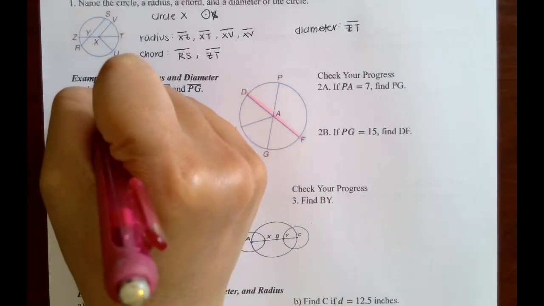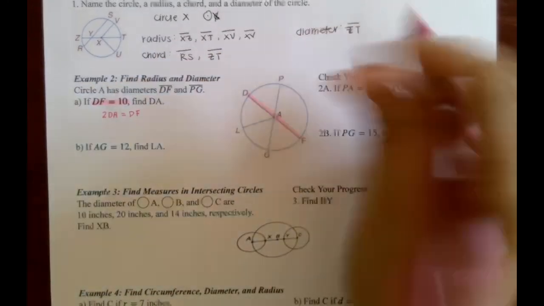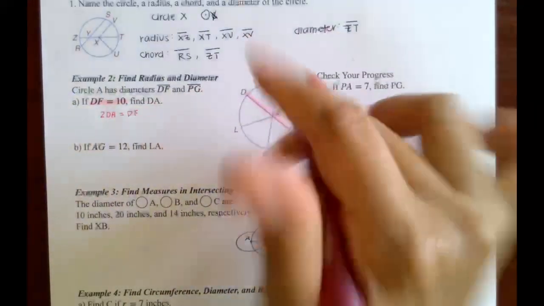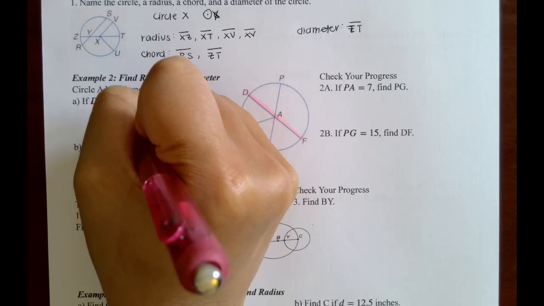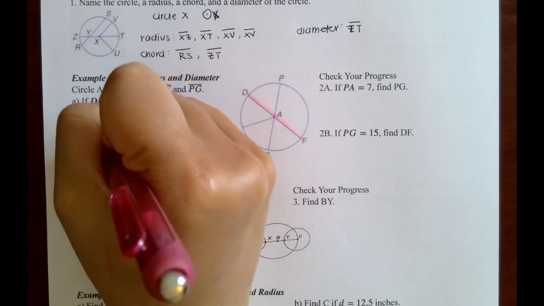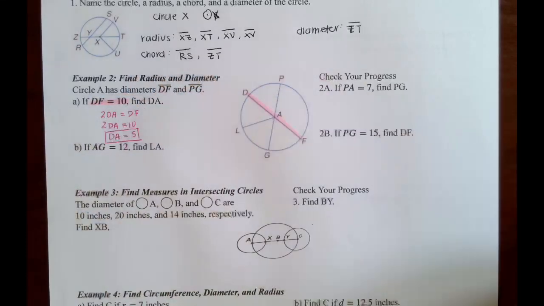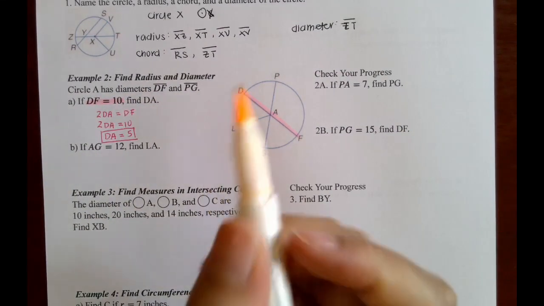So 2 of our DAs would equal DF. Two of our radius equals our whole diameter. So if DF is 10, divide both sides by 2, or take half of it, and DA is 5. And this is the reason why. Then let's try B here.